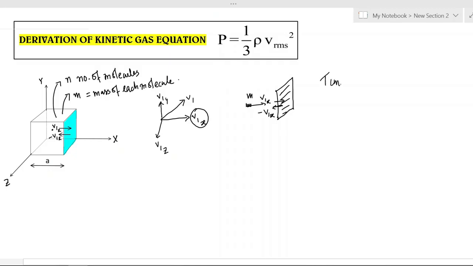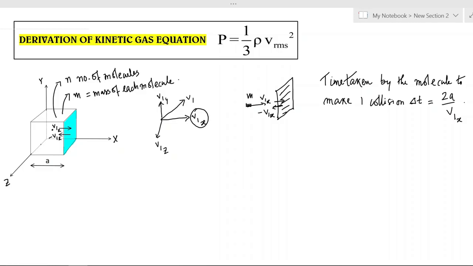Time taken by the molecule to make one collision, that is delta t, is equal to total distance divided by the velocity away from the shaded wall.